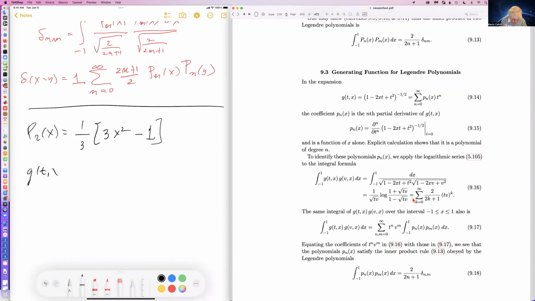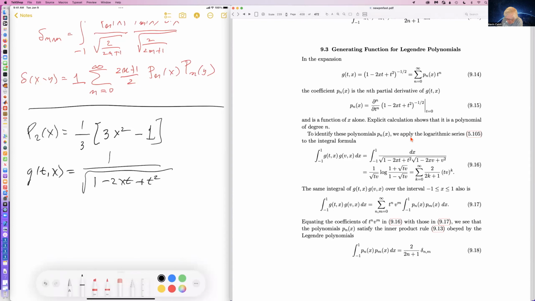In other words, g of t and x is equal to 1 over the square root of 1 minus 2xt plus t squared. And let me just say, this is then the sum n equals 0 to infinity of t to the n times Pn of x.